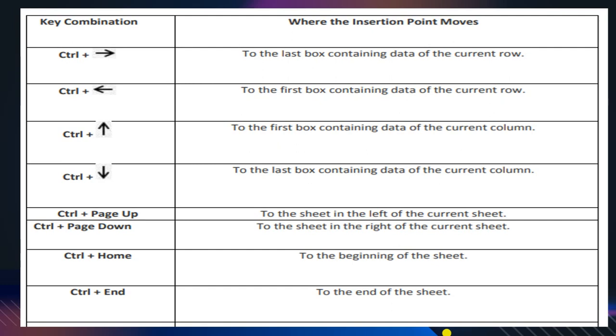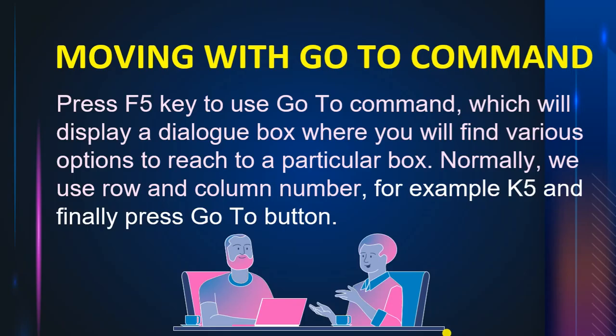Now after this, you can even press Control plus Page Up to go to the sheet on the left of the current sheet, Control plus Page Down to go to the sheet on the right of the current sheet, Control plus Home, it will point your insertion point to the beginning of the sheet, and Control plus End, it will point your insertion point to the end of the sheet.